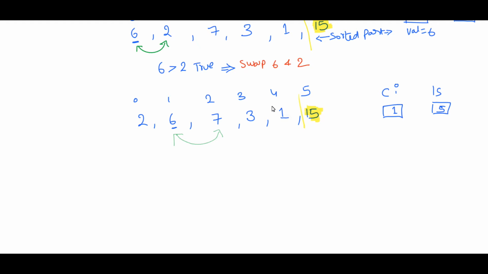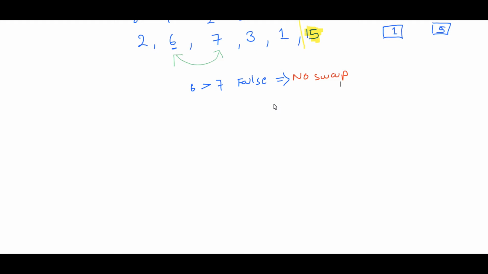And as you can see, 6 is smaller than 7. So this means no swap, and we would move on with our next iteration.